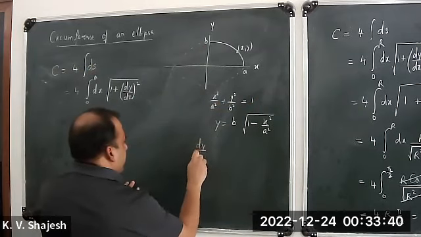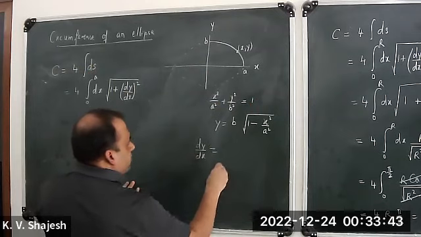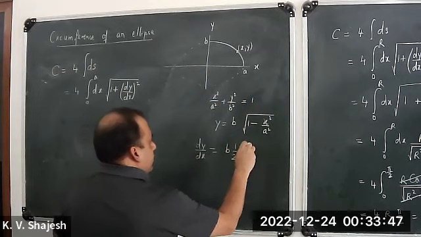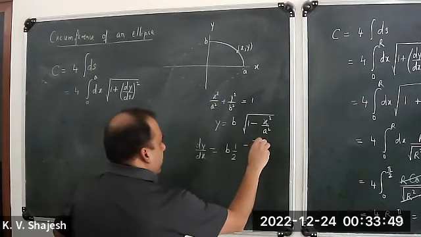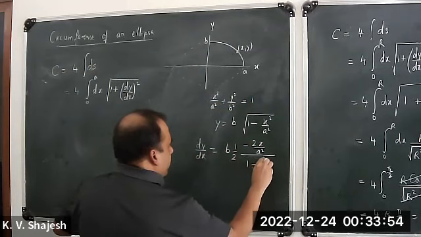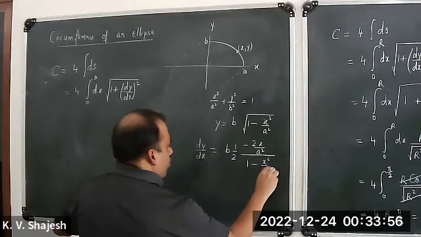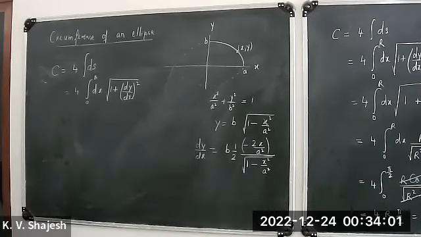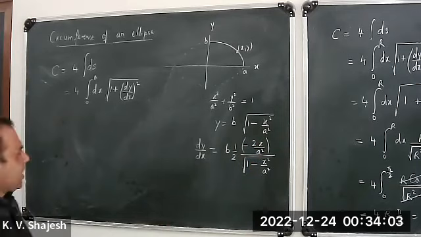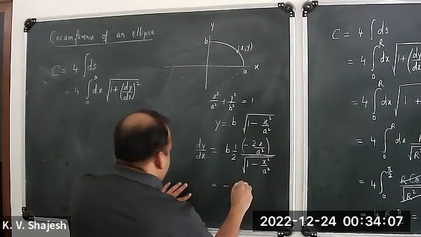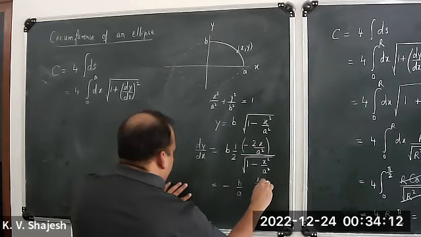Exactly like earlier, you can calculate this. This is equal to b times 1 by 2, and this is minus 2 times x over a square, over the square root of 1 minus x square over a square. Correct. So that 2 cancels out, and I have minus b over a times x over a, over the square root.